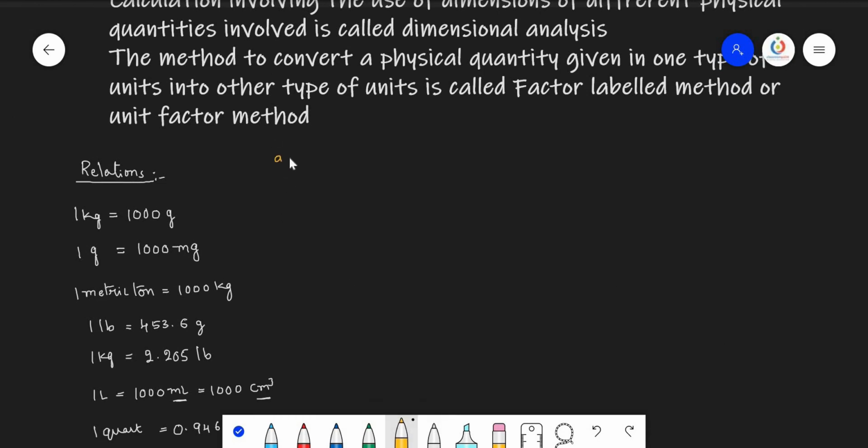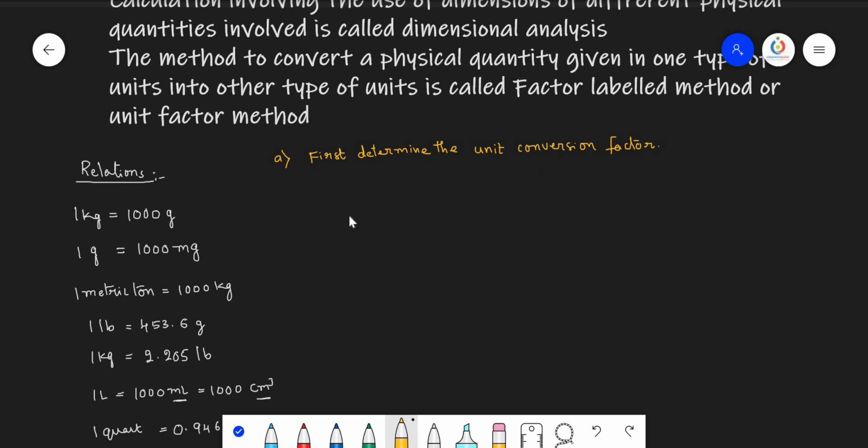Rule number 1: first determine the unit conversion factor. Unit conversion factor means whenever questions on relations are asked, we have to develop one factor.